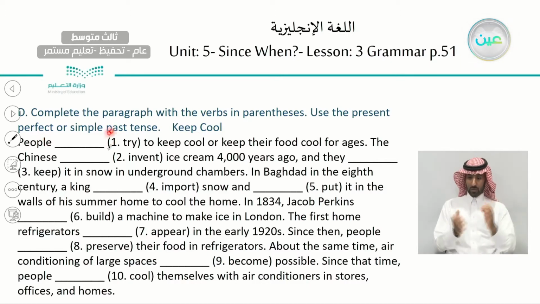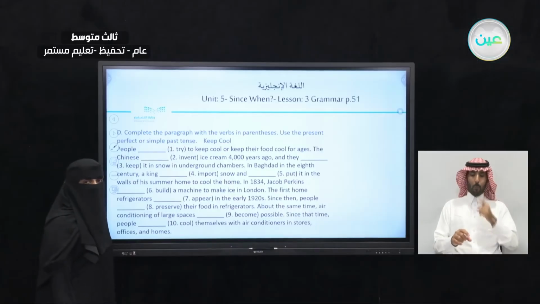People, and we have the verb try, to keep cool or keep their food cool for ages. Do we have a time here? No. So what are we going to use here? We're using, excellent, present perfect. The Chinese ice cream 4,000 years ago. Okay? We have a time. So we use the simple past.